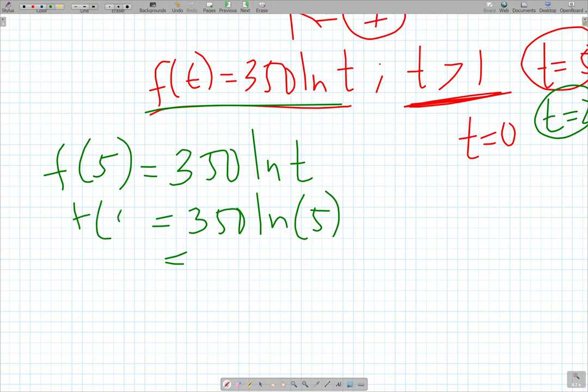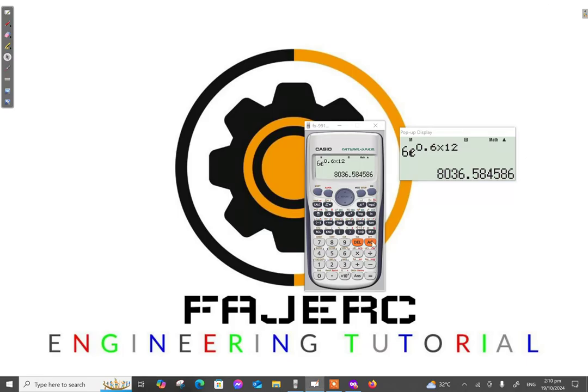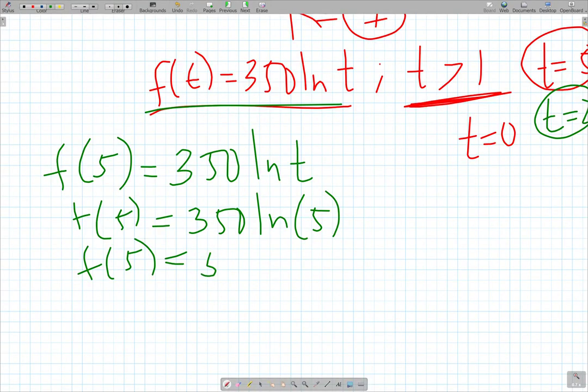That is F of 5. Okay, so, using a calculator, 350 ln of 5. How much? 563.30, right? 563.30, and of course the unit is dollars, right?